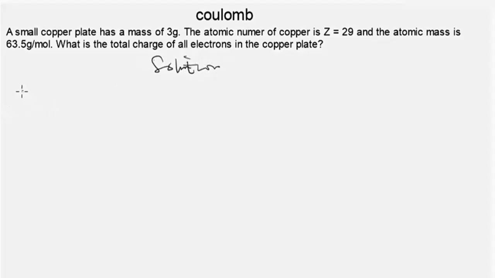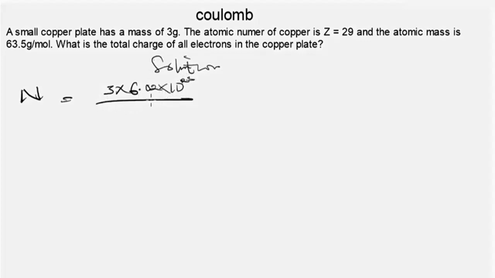So now to find N, we are going to multiply the mass by the Avogadro's number or constant, which is 6.02 times 10 raised to the power of 23.